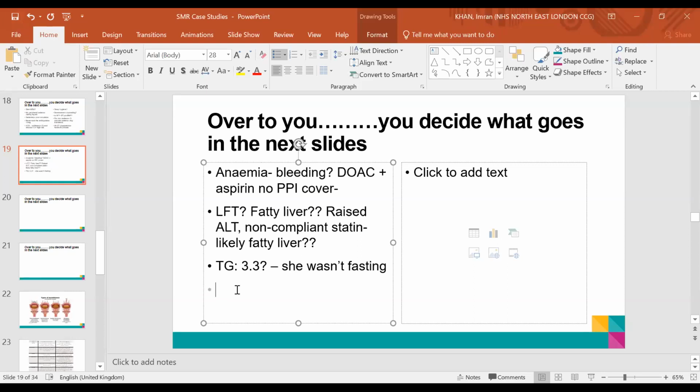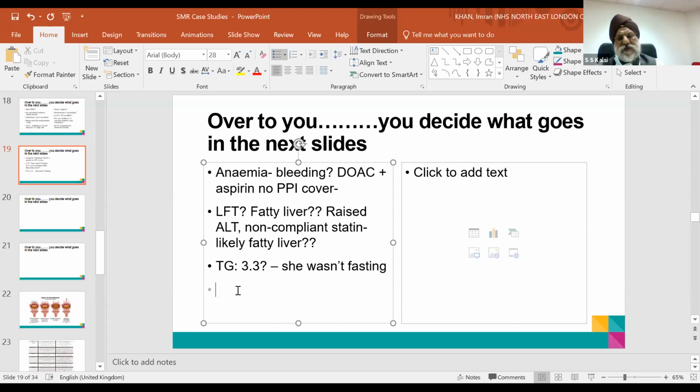That's your main lipid that's actually in the blood. So the question arises that if it was a blood test for cholesterol, why was it taken when she hadn't fasted? You don't have to fast for your cholesterol. We don't recommend that you have to fast, especially for diabetes monitoring or any routine monitoring. But if there's a raised TG, you would consider it might be because she wasn't fasting.